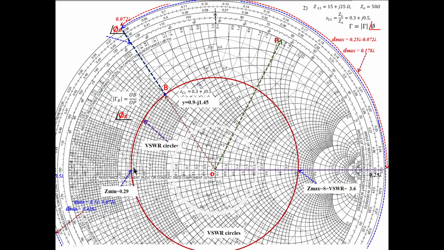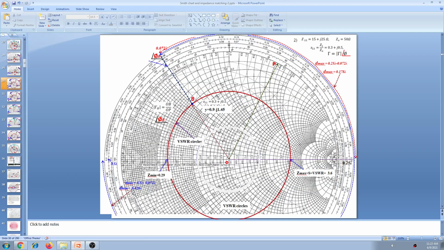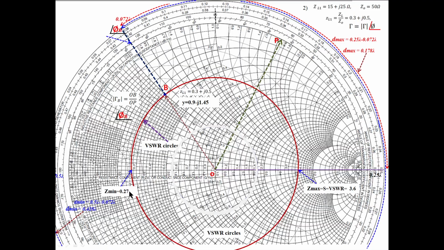So this is 0.27, because this is 0.3 here, and next to that this is 0.28, so it is in between this and this.